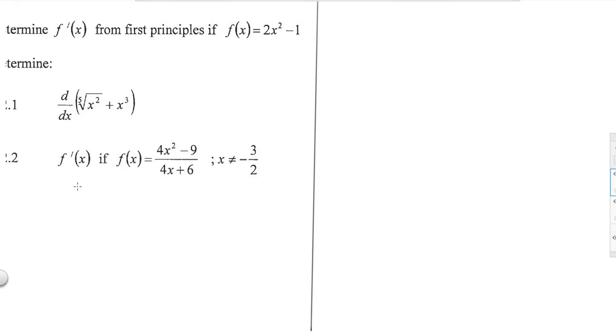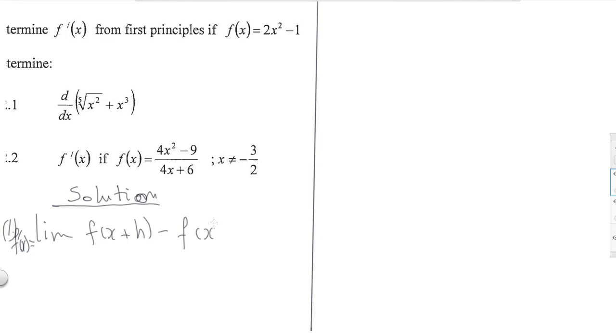So let me write here, solution. The first question, one, the first principle formula will be f prime from the first principle equals the limit of f of x plus h minus f of x, all over h, when h tends to 0.